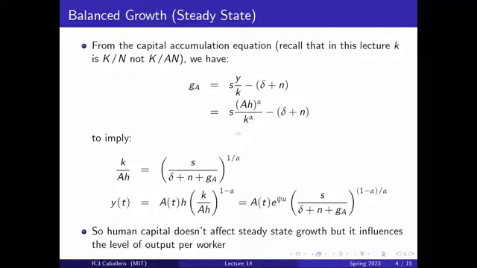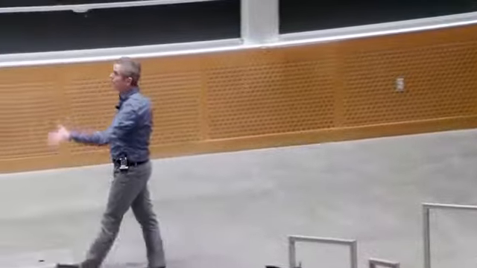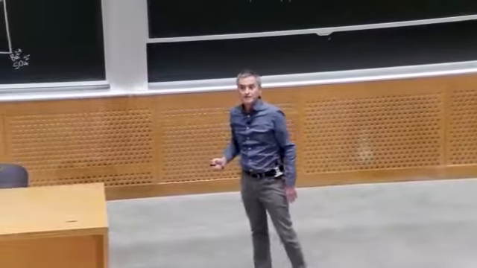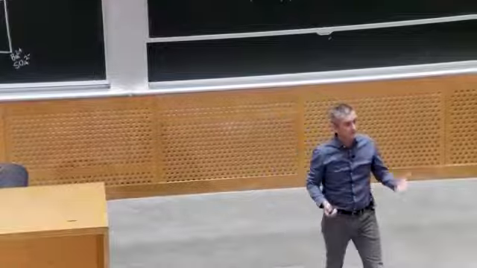Just solve for that. The point is that now I can write y_t as A_t times human capital times this expression here. So human capital doesn't affect the steady state growth, but it does affect the income per capita that you have. And it makes a big difference. I'll show you.